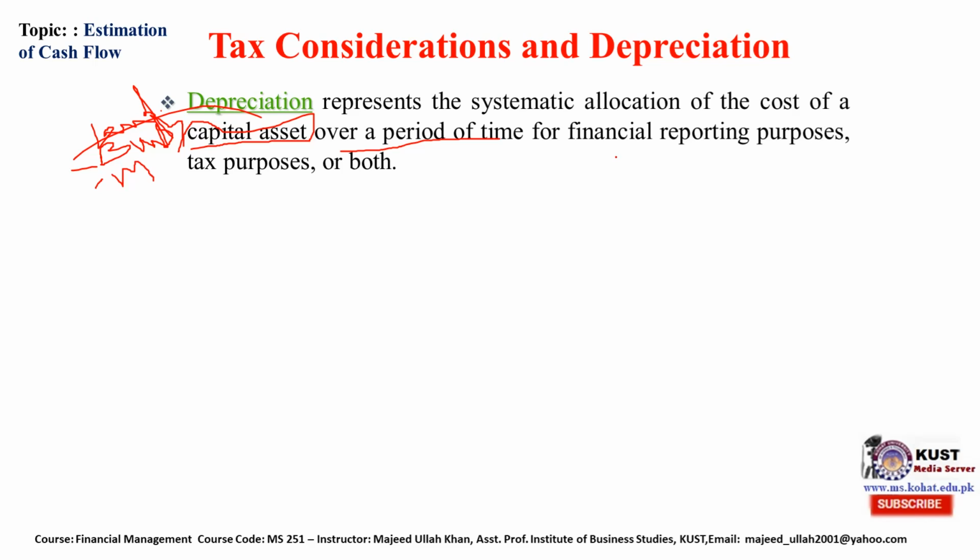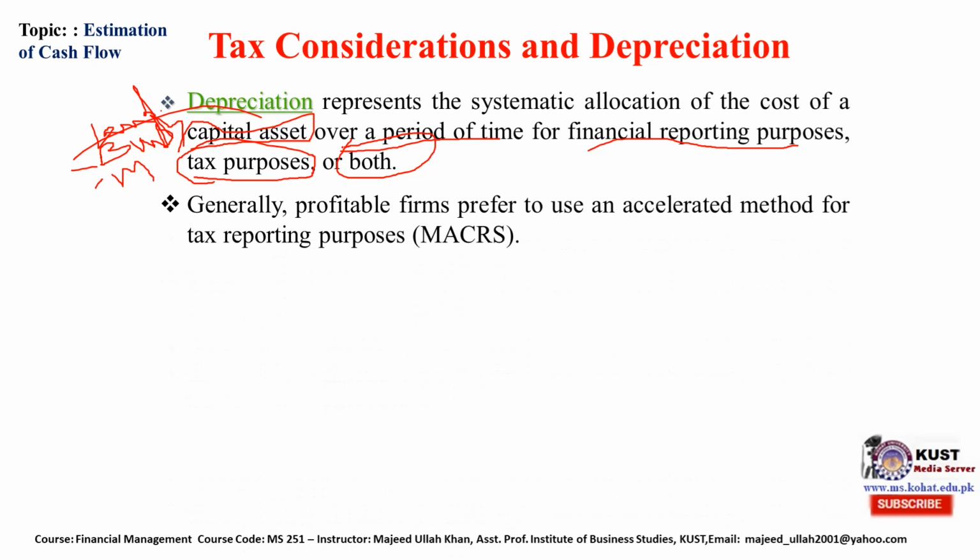We may calculate depreciation for financial reporting purposes, such as for the income statement. We also calculate depreciation for tax purposes, or for both. Generally, profitable firms prefer to use an accelerated method for tax reporting purposes.